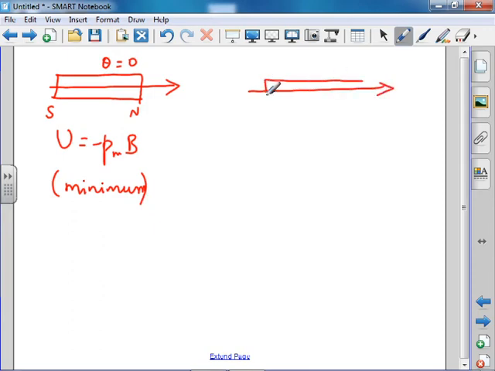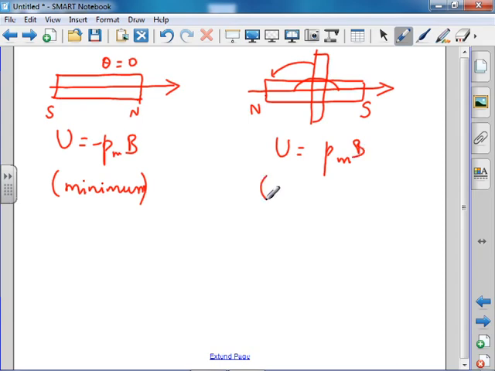If the magnet is aligned anti-parallel, ஒருவேளை இப்படி இருக்கு அதோட initial position-னா அது இந்த side-ல rotate ஆகி இது north pole-ஆவும் இது south pole-ஆவும் மாறுச்சுனாக்கா then theta is equal to 180 degree. இந்த position-ல இருந்து இந்த position-க்கு அது வந்துச்சுனாக்கா then theta is equal to 180 degree. அப்ப u is equal to pmb, then its maximum potential energy.